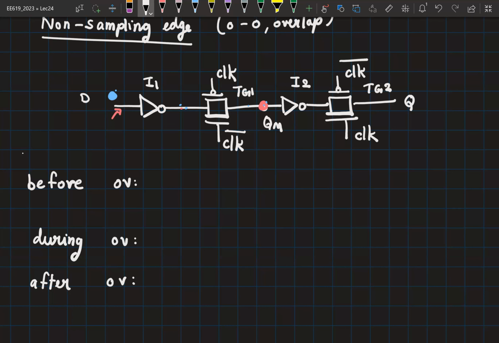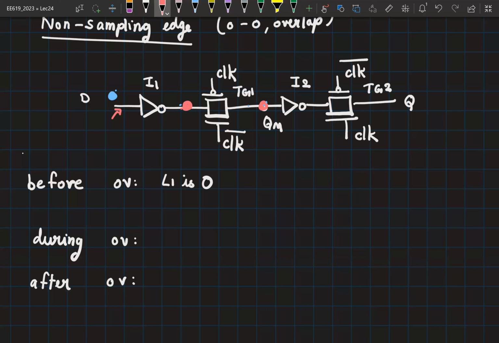So before the 0 0 overlap, L1 is in what state? Yeah, L1 is opaque, which means a change in D is not corrupting your QM. Change in D can reach till which point? Yeah, it can reach till here, right?